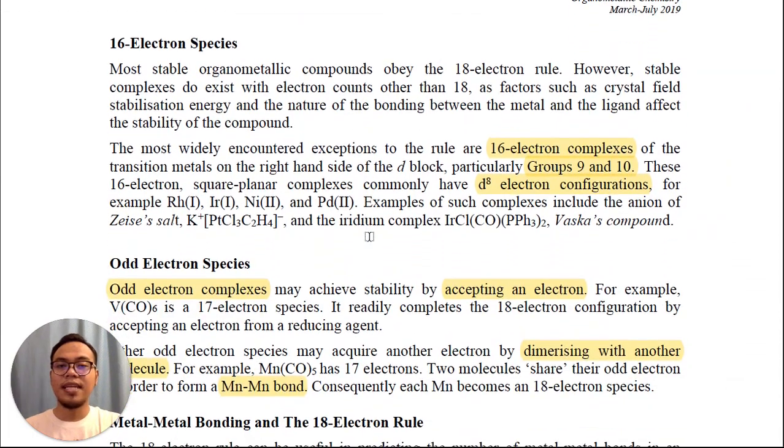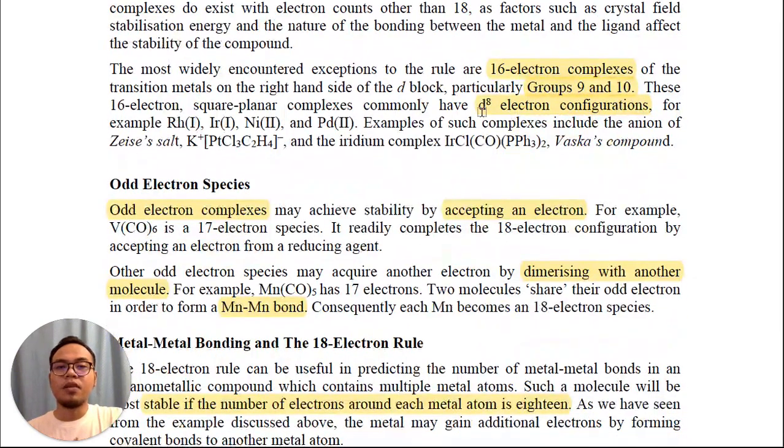Now, 16 electron species. So most stable organometallic compounds obey 18 electrons rule. However, some complexes are stable with less than 18 electrons. Okay, this depends on the energy and then the nature of the bonding with the metal and the ligand. So the most common one would be from group 9 and 10.